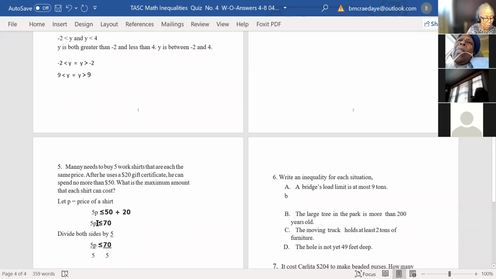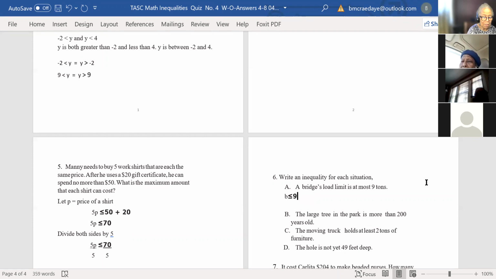Right? Okay, so let me put the less than or equal symbol. And the number of the weight limit is what? The load limit of the bridge is how much? It's 9 tons. So that would be less than or equal to 9.